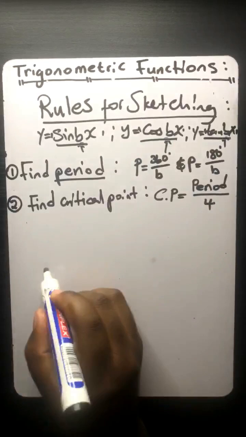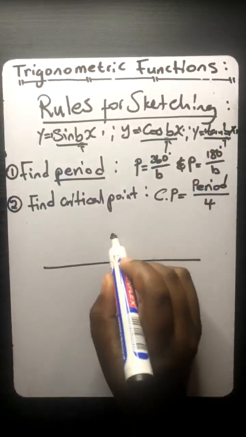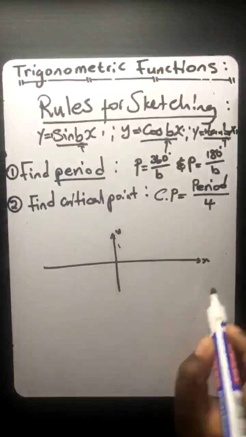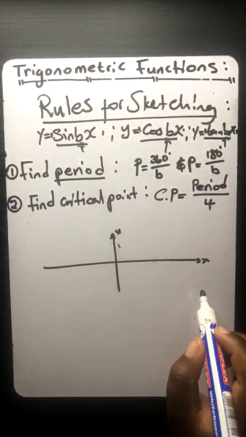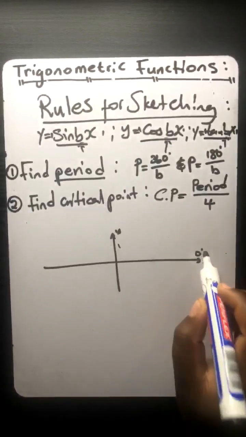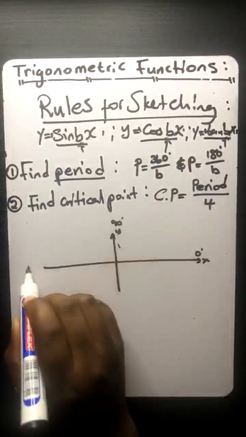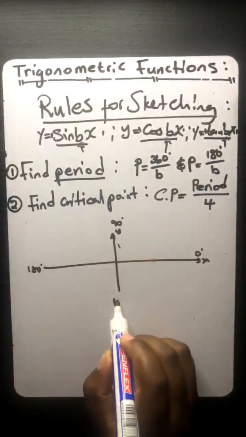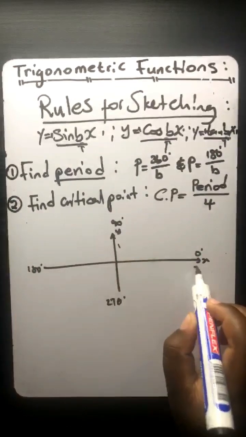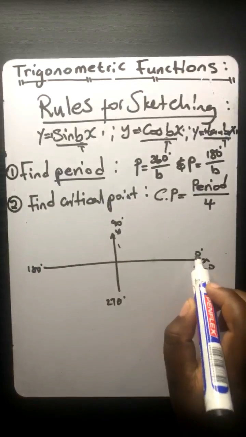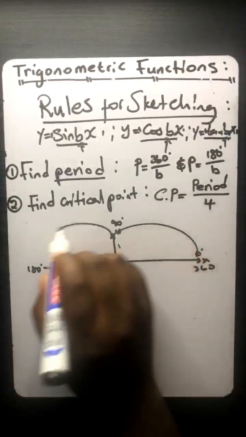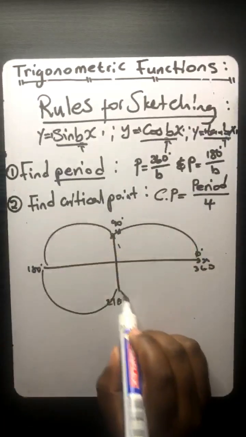You remember that from your y and x axes, how many quadrants are you having? Let's say 0, 90, 180, 270, 360 degrees. Can you see? You have quadrant number 1, quadrant number 2, quadrant number 3, quadrant number 4.